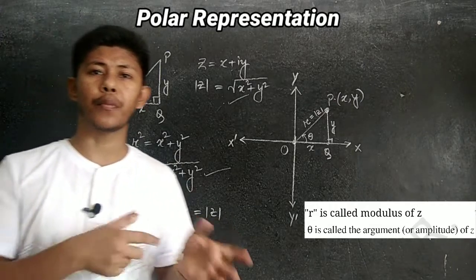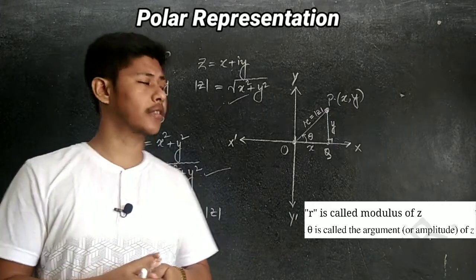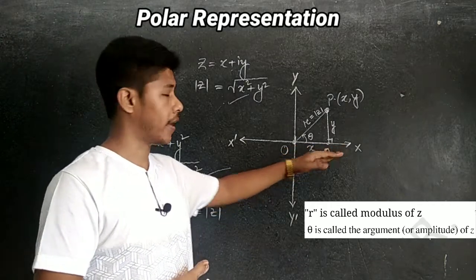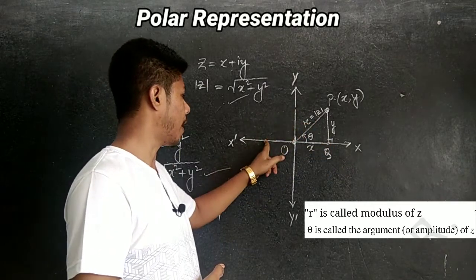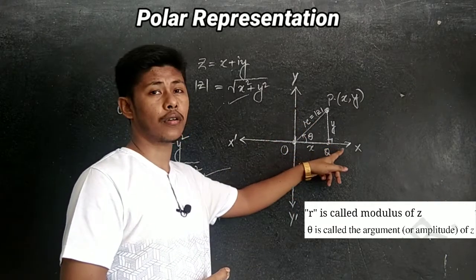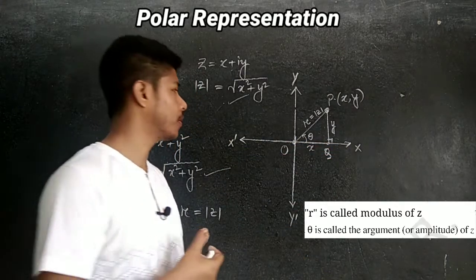But in case of amplitude or argument, here on the axes the angle is 0, 90, pi, 3 pi by 2, again 0, one round, 0 to twice pi. So lots of things are here.